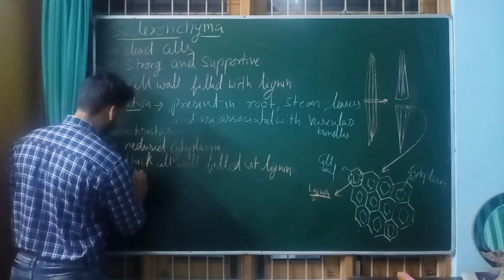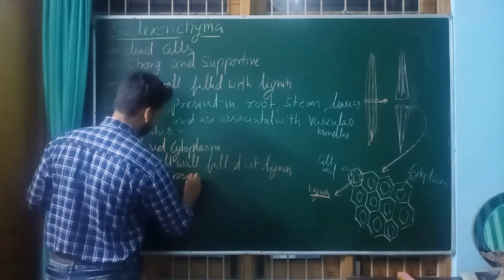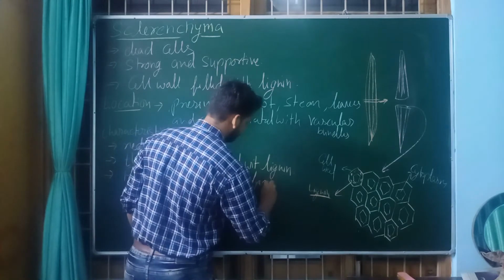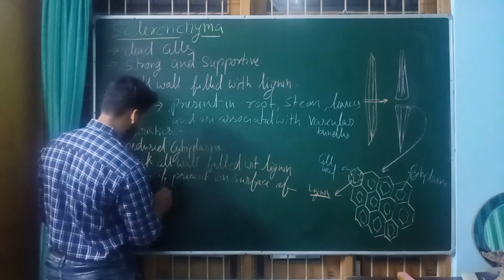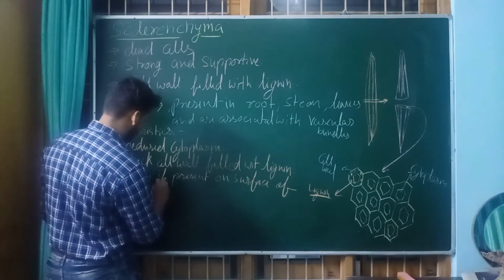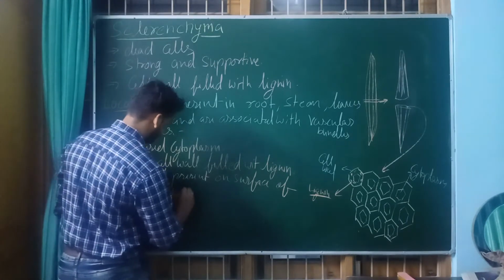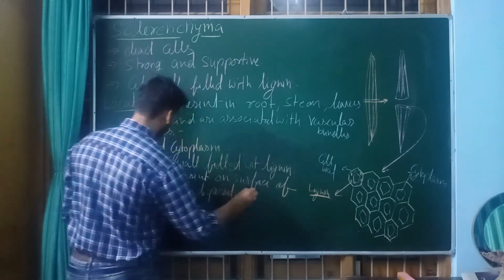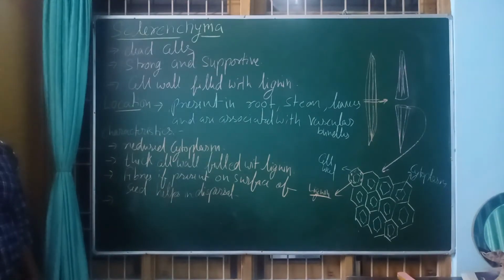So fibers, if present on the surface of the seed coat, help in dispersal also.